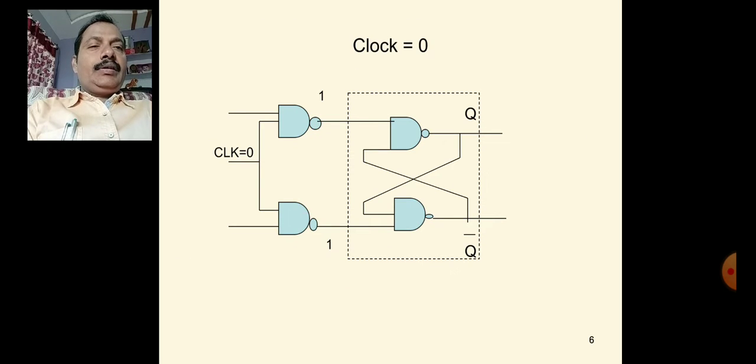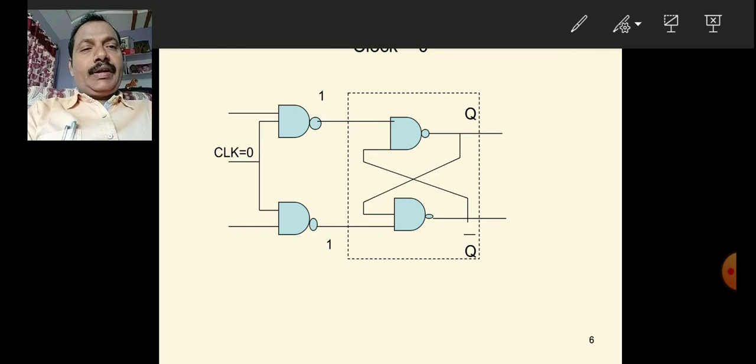So when clock 0 is applied, that means when the clock status is 0, that means the clock is not activated, then what happens? The NAND gate outputs are 1 1. Whenever NAND gate outputs are 1 1, what happens? Let us see.